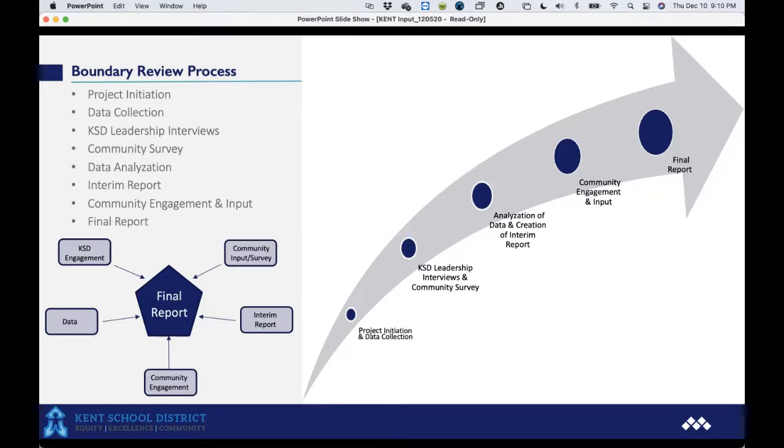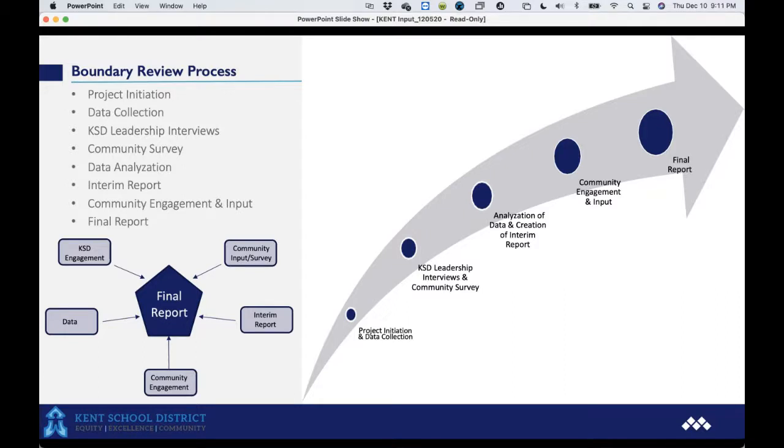It's not a draft report because the report is finished, but it's interim, meaning that depending on the community engagement, the input, and the feedback, the questions from not only these community sessions but also other engagement opportunities in the chat area, which we'll discuss later, once we get all that feedback and compile it, based upon what we hear, we will make changes to the interim report for the final report and present it to the board.